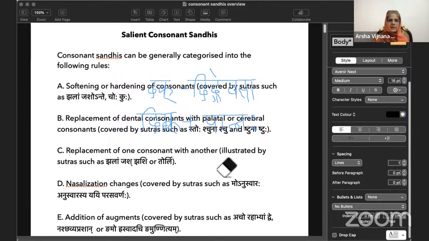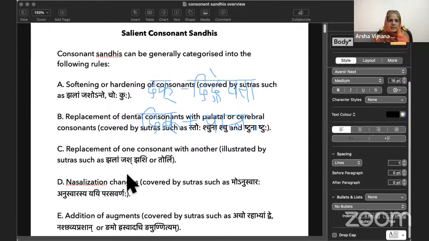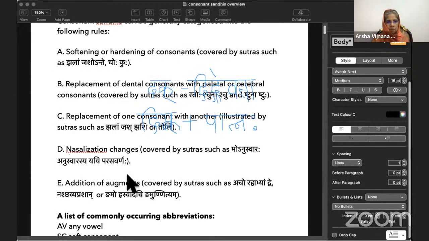So sometimes some consonants are replaced by others, and so then we have a whole list of rules talking about changes in nasalization, some of which we have already covered. Like for example, this one which we know very well. What do we know?